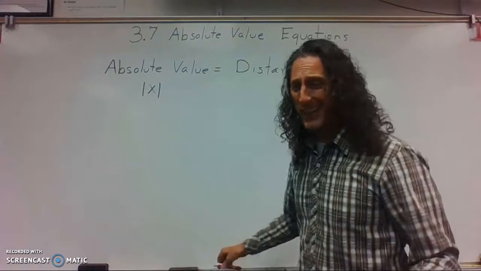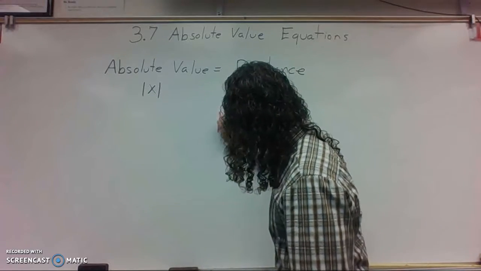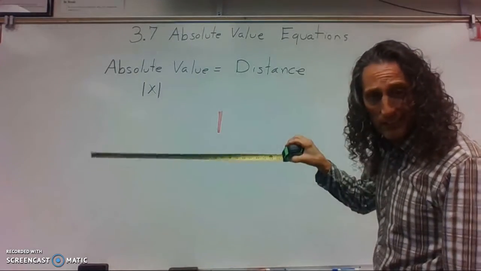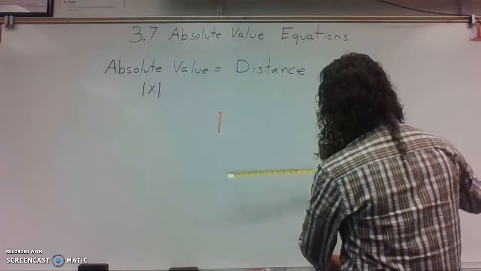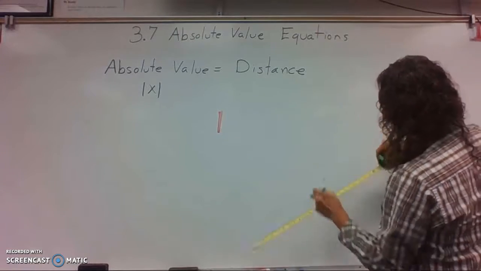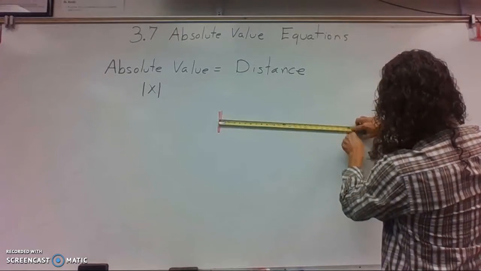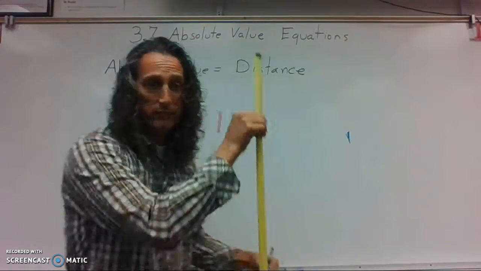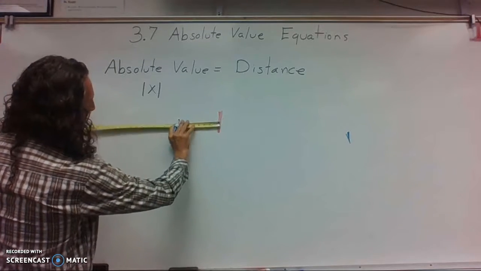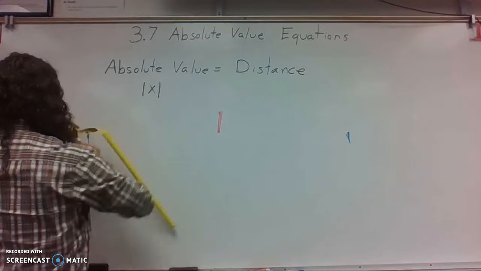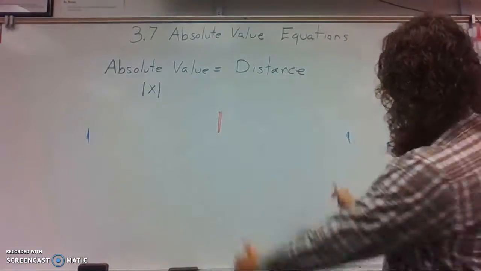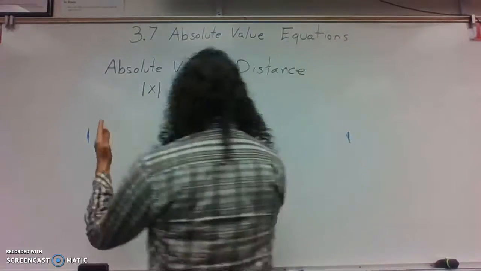But here's the big picture: if I put a mark in the middle of my board, and I take a tape measure, and I come over here and I measure 2 feet, and then I come over here and measure 2 feet, absolute value just means that this gap is the same as this gap.